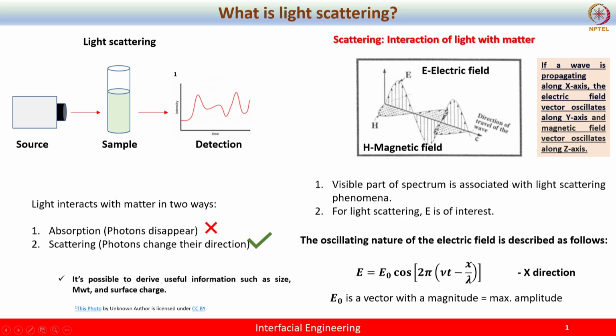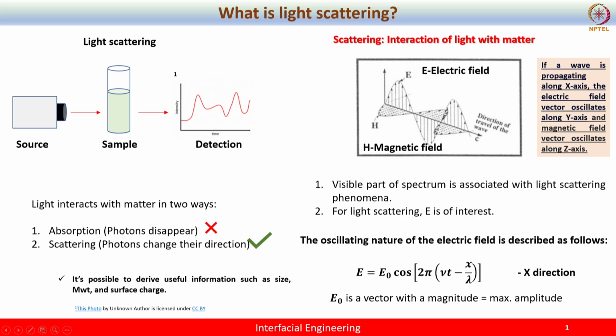This is a typical characteristic of an electromagnetic wave that we all know. The visible part of the spectrum is associated with light scattering phenomena, but in light scattering we are only considering the electric field part. The magnetic field need not be related to this scattering application.